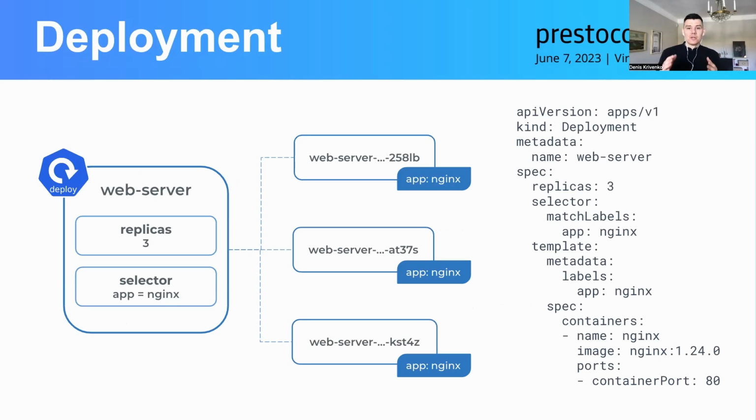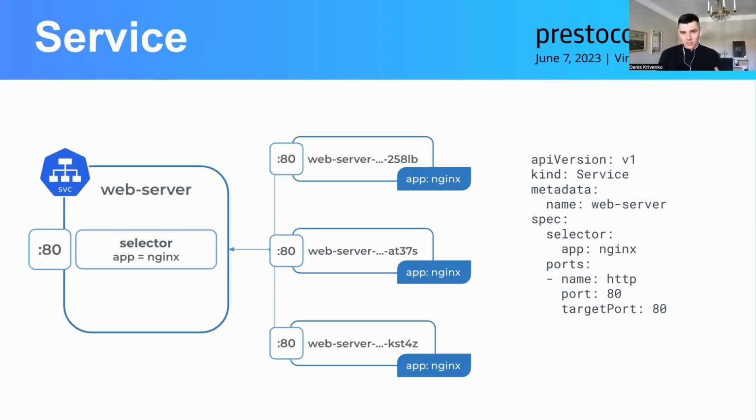In this example, there is a deployment called web server, which manages 3 pod replicas running Nginx containers with port 80 exposed on each. How is the deployment connected to pod instances? By labels. The deployment uses label selector to group together the pods created with common labels.